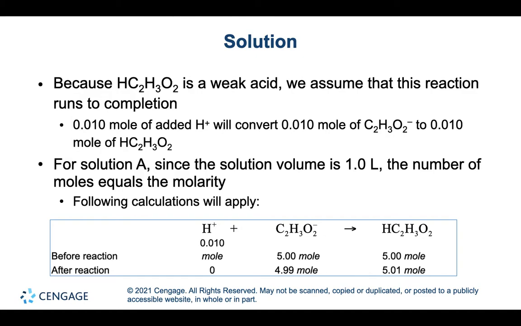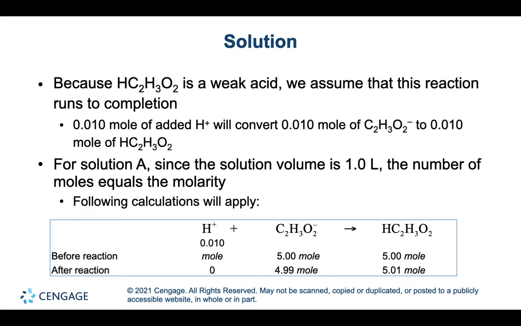Now, because acetic acid is a weak acid and acetate is a better base than water, we're going to assume that the added H plus converts acetate to acetic acid in a stoichiometric way, not in any kind of equilibrium way. In other words, we're going to assume the reaction goes to completion.